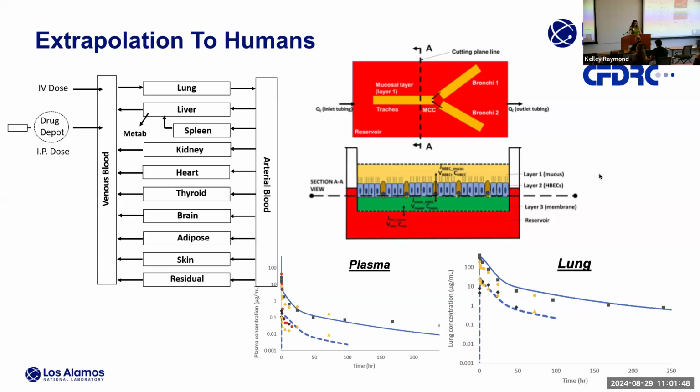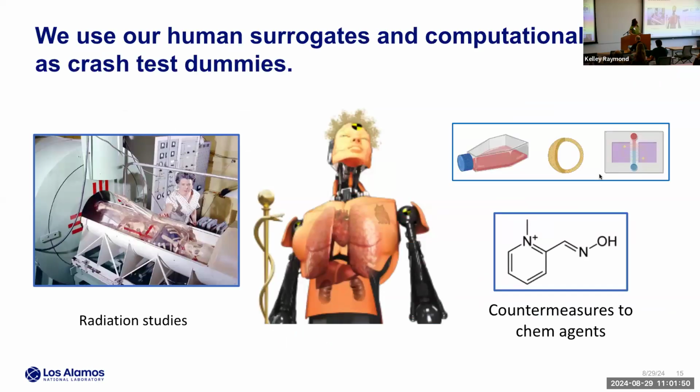Computational tools can help go a long way there. So in my lab, we try to use our human surrogates or computational tools as crash test dummies, and that's our goal. But of course, we have to first figure out what are they good for? How do they work? How do they compare?